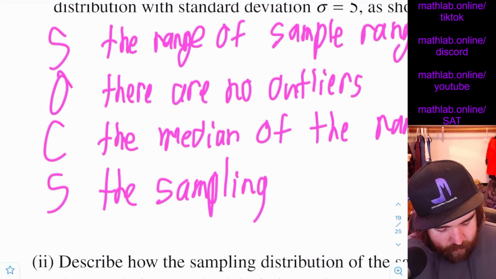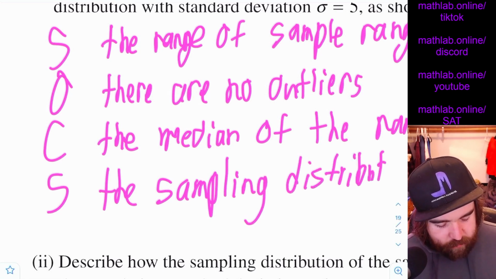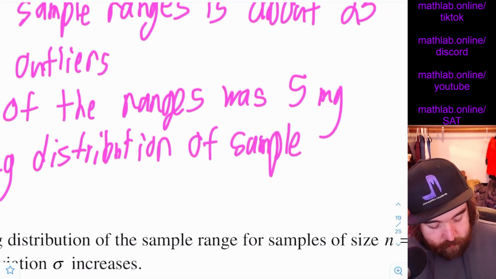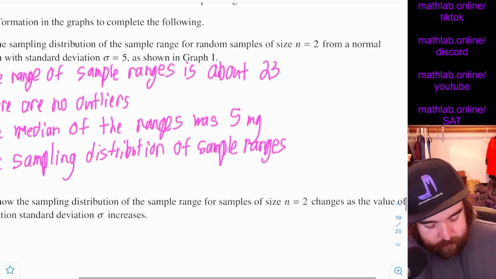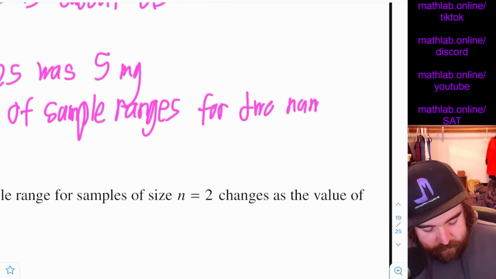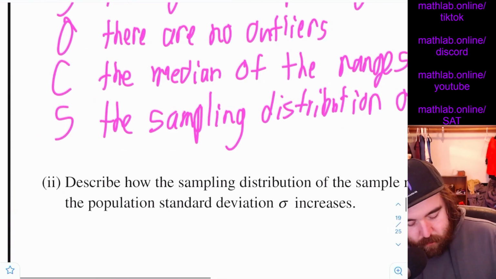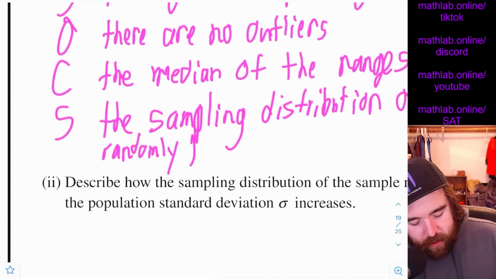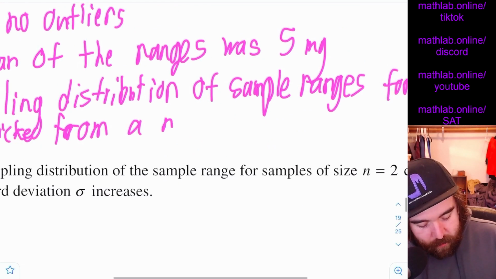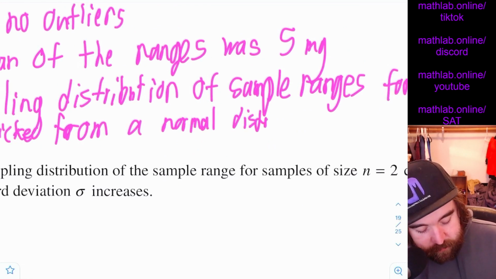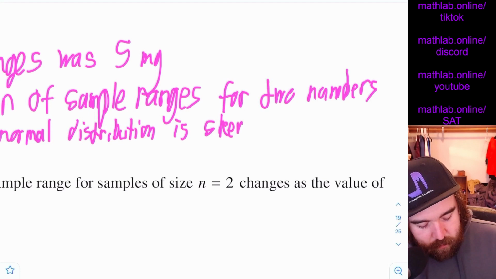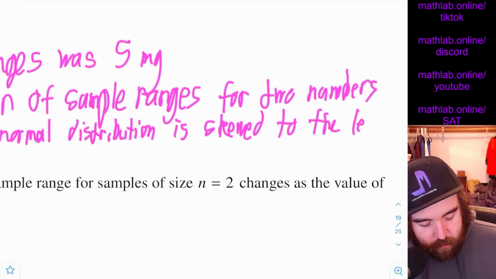The sampling distribution of sample ranges for two numbers randomly picked from a normal distribution is skewed to the left.